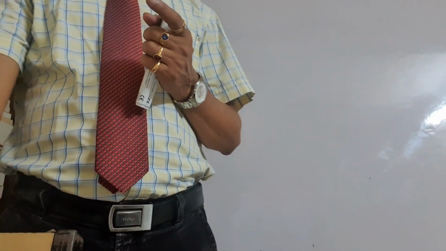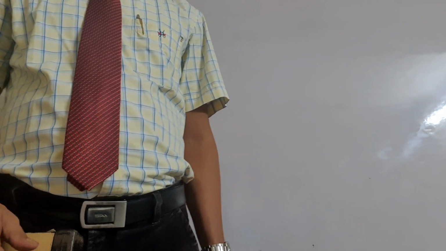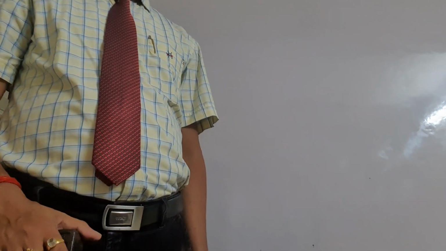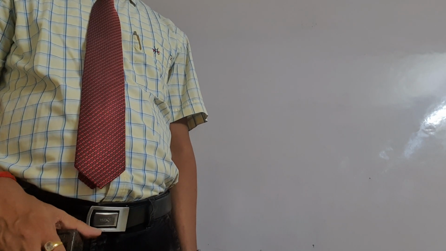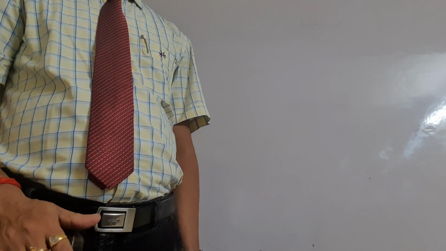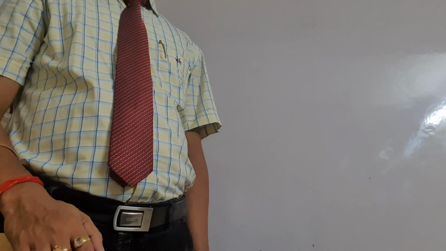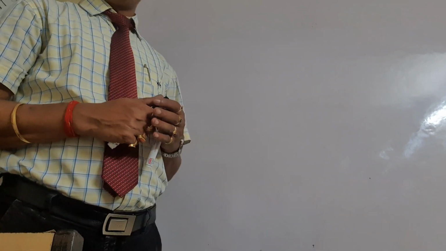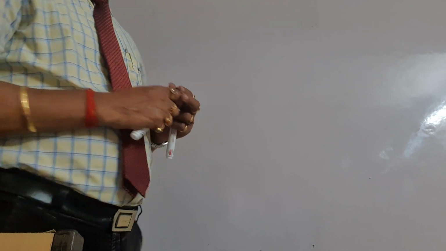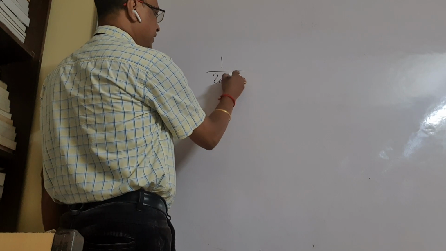Step number 1 is find the values of x for which the function f(x) takes the form 1 divided by 0.